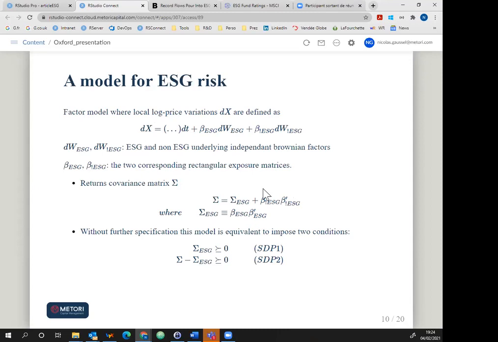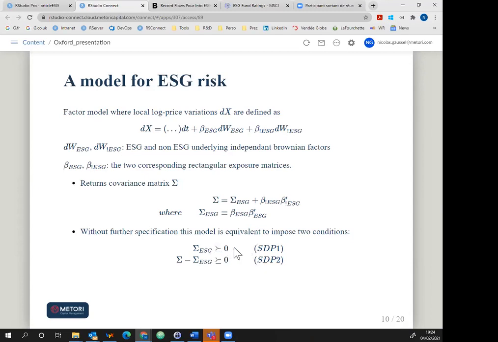But without further specification, we can do what we want. The only constraint we need to have, if you think about it, since beta can be whatever matrix we want, and the size of W can be hundreds of thousands of factors, is the following.